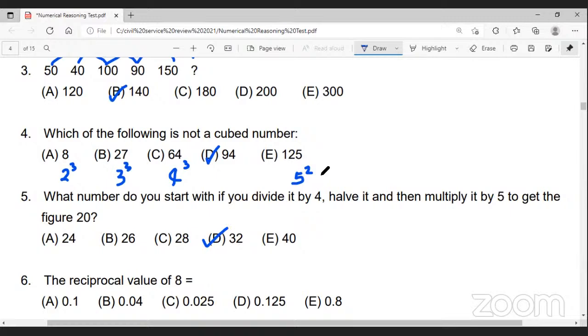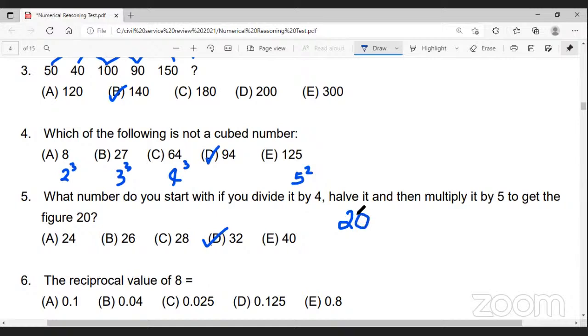Miss Jem? Yes, ma'am. What strategy did you use? I solved it by trial and error, ma'am. Did you use each of the choices, or did you solve really utilizing 20 first?